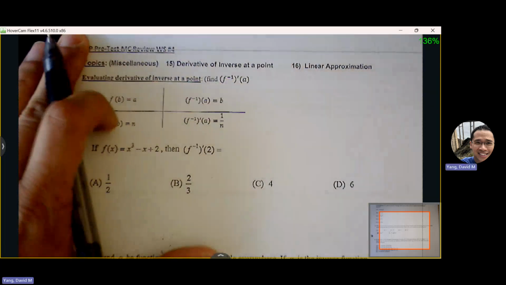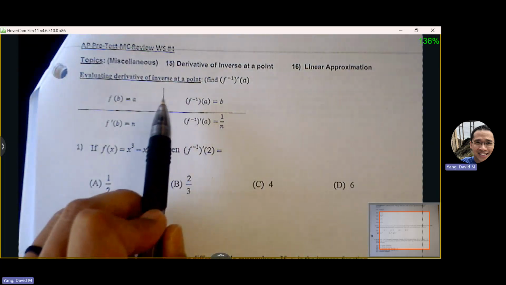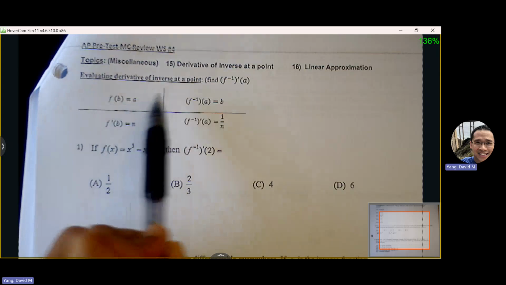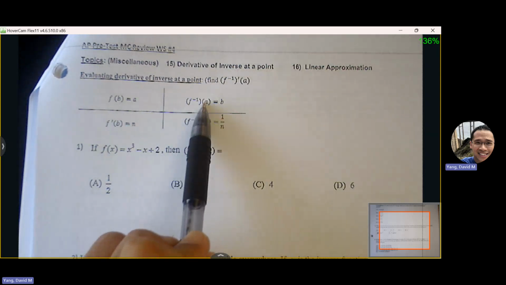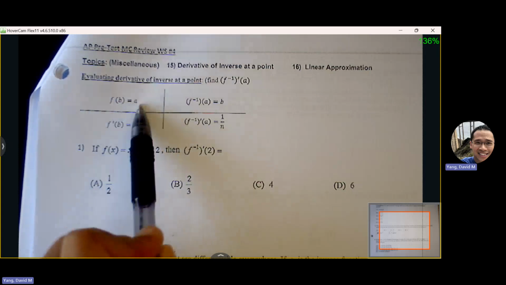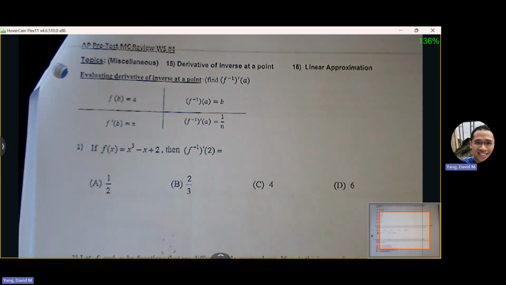So the idea is that a function and its inverse will have certain relationships at the function level and also at the derivative level. At the function level, their ordered pairs will be flip-flopped. So if there's an xy on the inverse, then there's going to be a yx on the function. So ordered pairs on a function and its inverse will always have flipped order of their x and y.